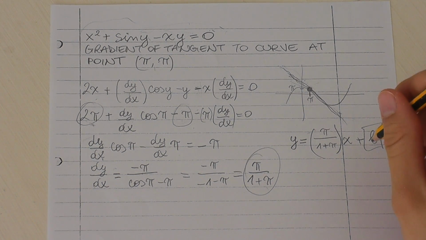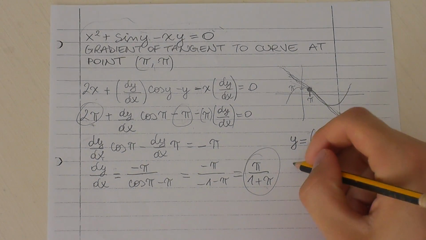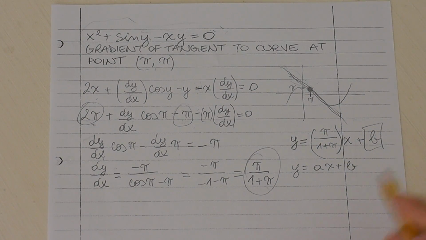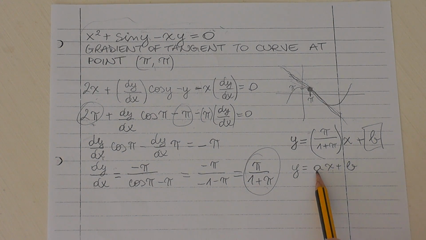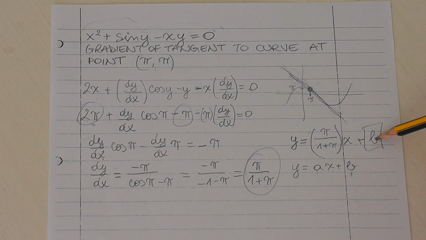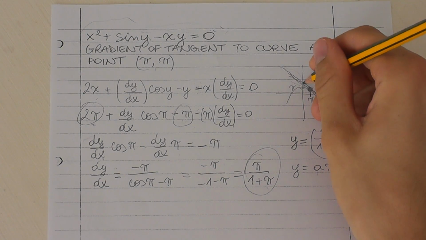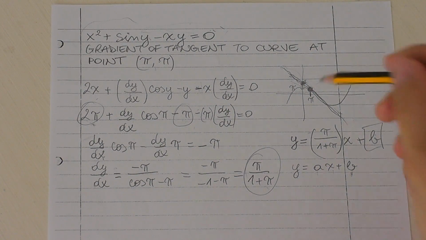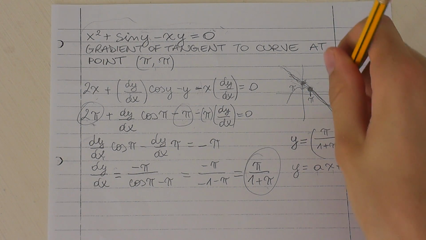And this constant b, if you remember the standard form of any equation, so this is y, x, this is the gradient, and this is the y-intercept. So this constant b will in fact tell us the y-intercept of the tangent.